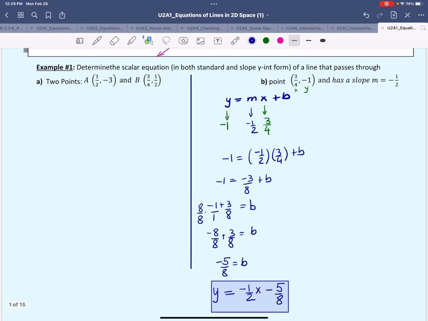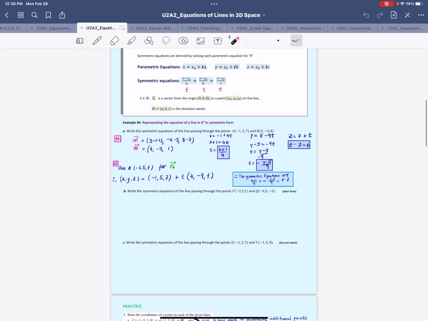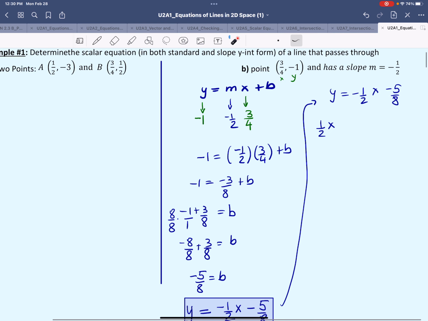Now, to write the standard form of the line, we are going to use the equation we just found, which I will rewrite one more time, and take all the terms to the left side of the equation. So first we have to start off with the x term. So 1/2 x comes from transferring -1/2 to the left side, which means that it changed signs. And then we have plus y, which hasn't changed sides, and negative 5 over 8 becomes positive 5 over 8 equals 0.